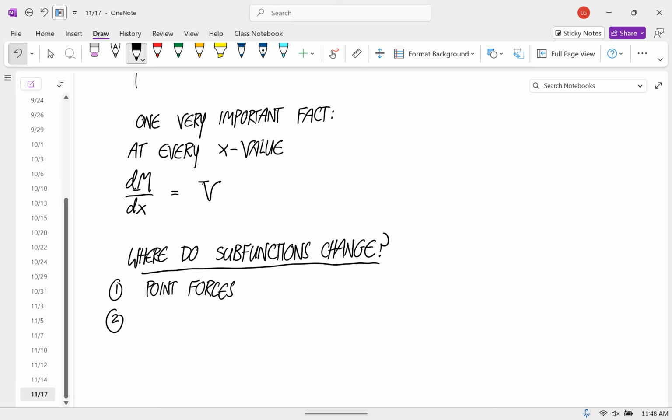Point couples are another one. And then the last one, we haven't done distributed loads with these yet, but the third place is where the distributed load function changes.